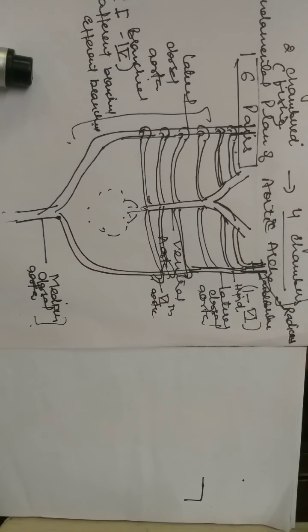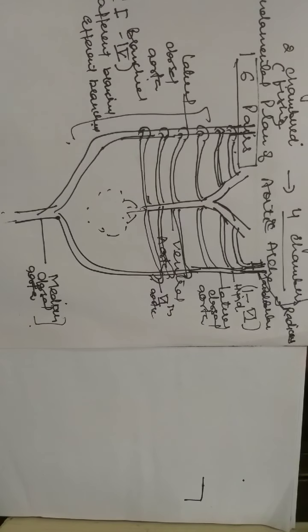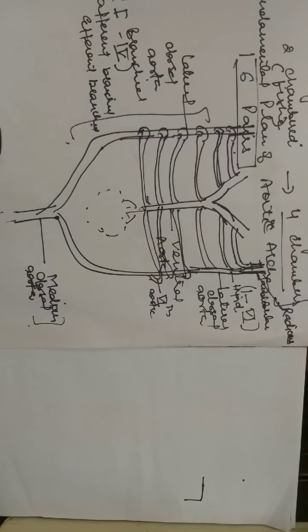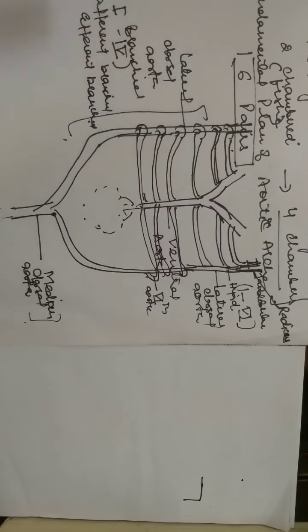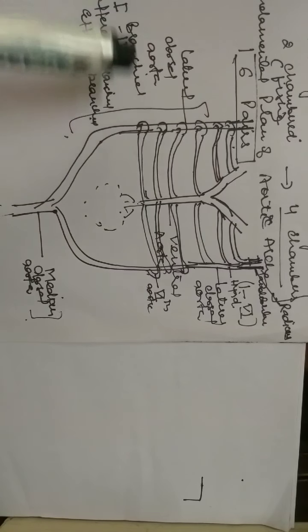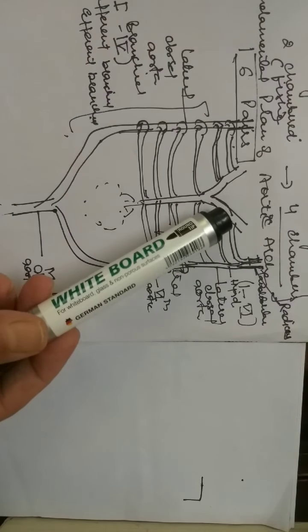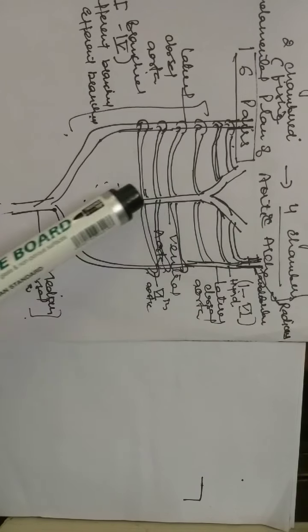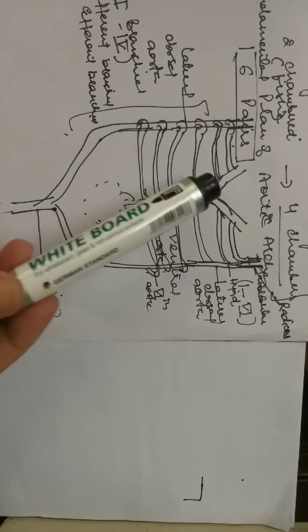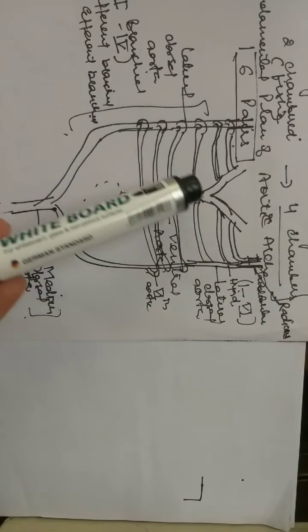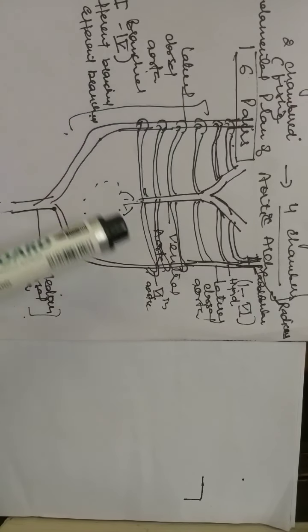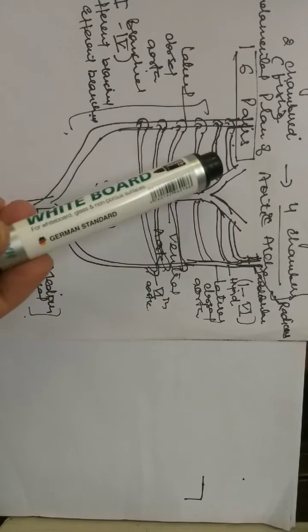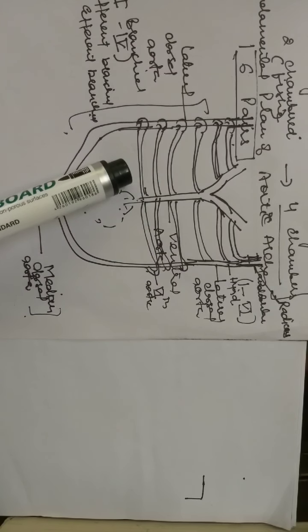The fundamental plan of aortic arches in all the vertebrates is six pairs. The vertebrates have to pass through this stage, be it in the embryo or in the adult. So 1 to 6, out of which the ventral aorta rises in the center and then splits into two, and from the ventral aorta arise these arches, which are six pairs in number.